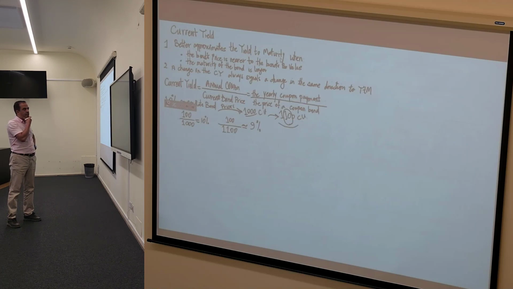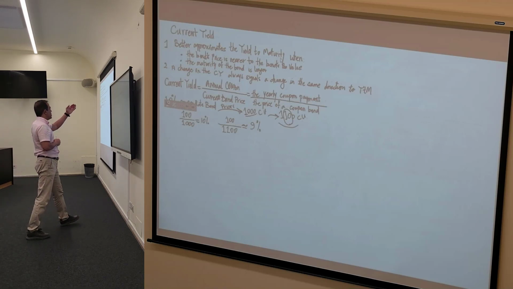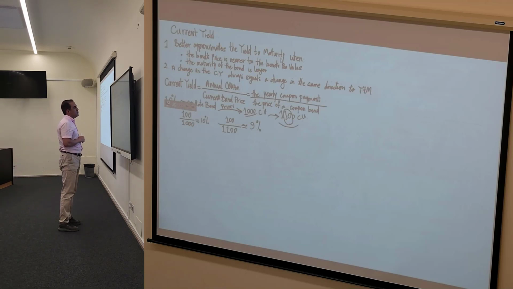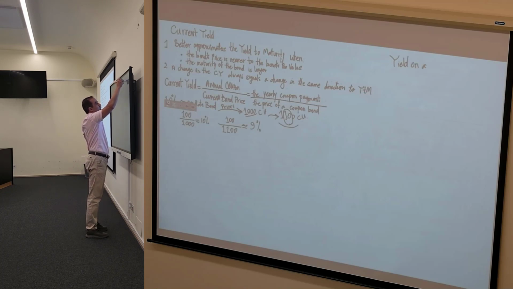So this is the current yield, but we have also the yield on a discount basis, or the discount yield. So similar to the current yield, we have the yield on a discount basis.